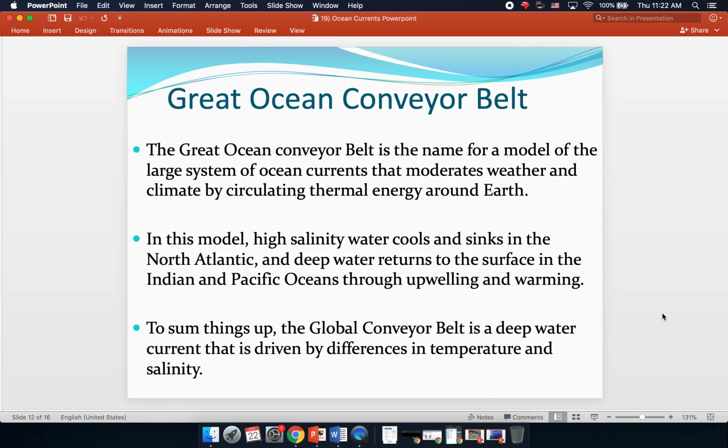In this model, high salinity water cools and sinks in the North Atlantic, and deep water returns to the surface in the Indian and Pacific Oceans through upwelling and warming. So to sum things up, the global conveyor belt is a deep water current that is driven by differences in temperature and salinity.